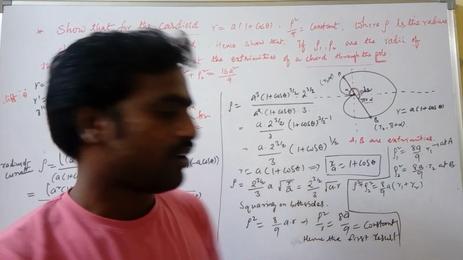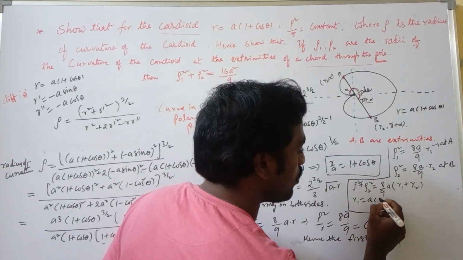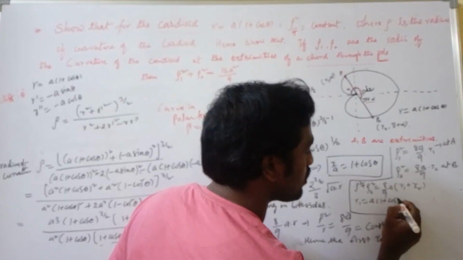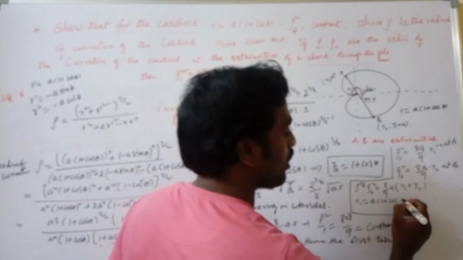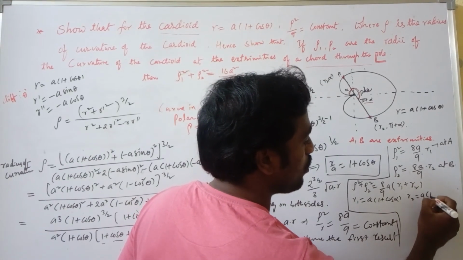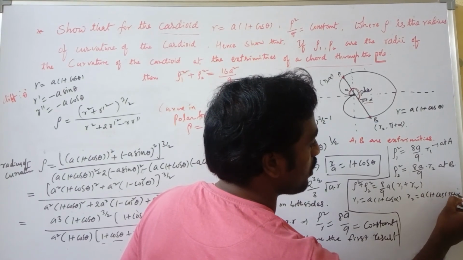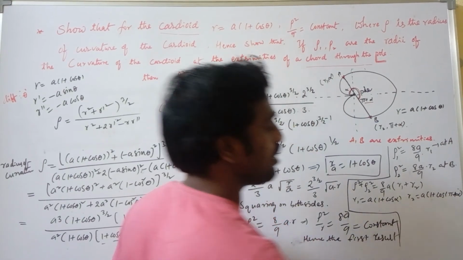So what is r1? r1 equal to a into 1 plus cos alpha. Next r2 equal to a into 1 plus cos of pi plus alpha.